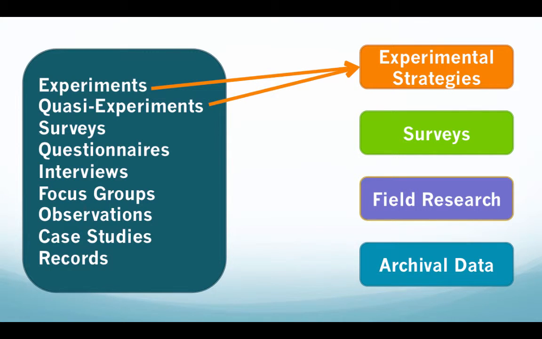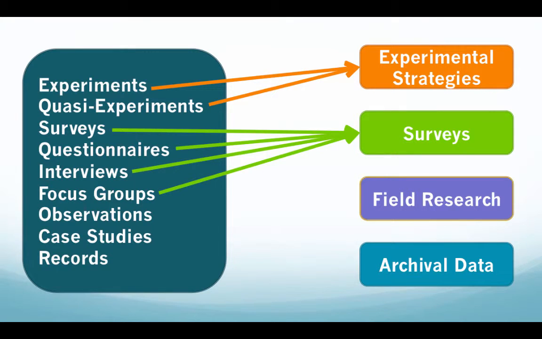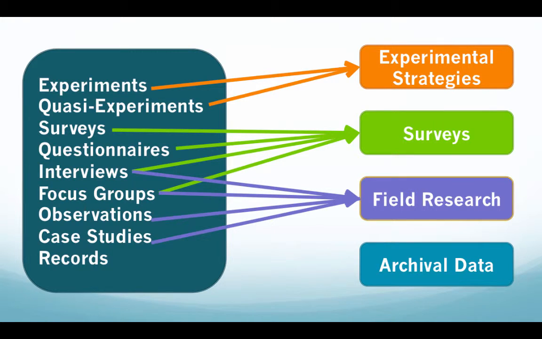Experimental strategies include experiments and quasi-experiments. Survey strategies can include surveys, questionnaires, interviews, and focus groups. Interviews and focus groups can also fall within field research strategies, as well as case studies and observations. And finally, archival data strategies are most commonly the review of records.